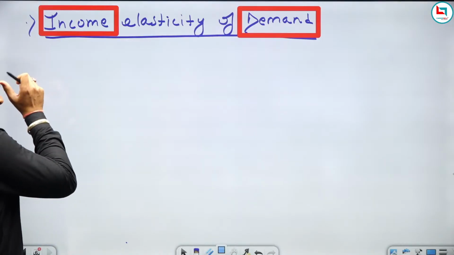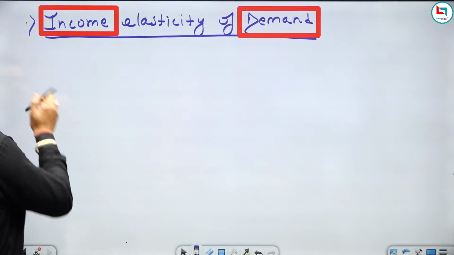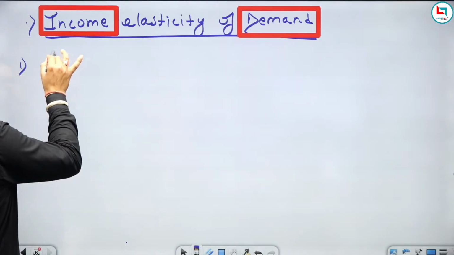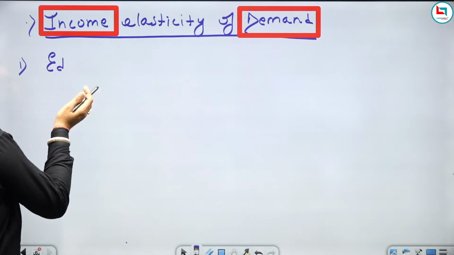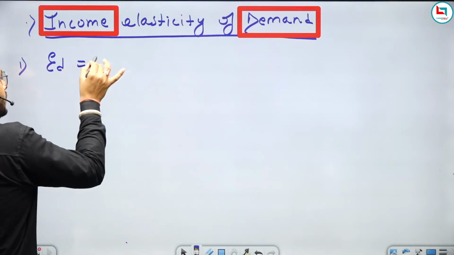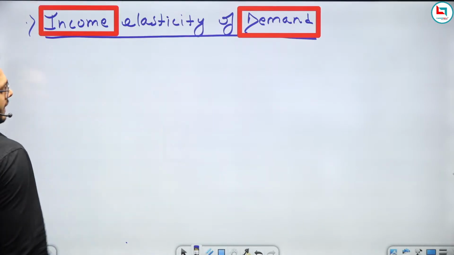First of all we need to write the formula.